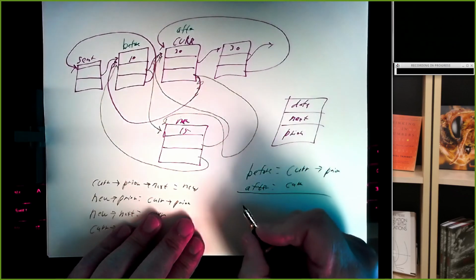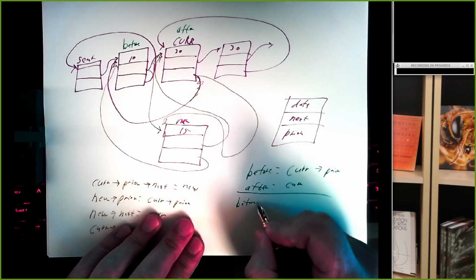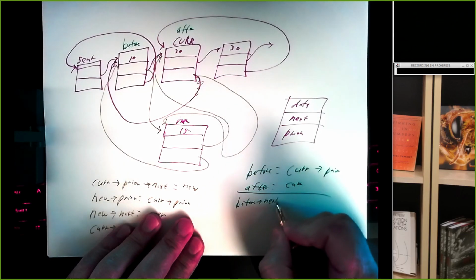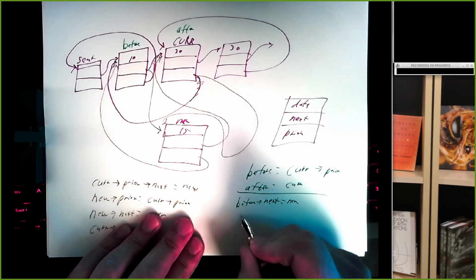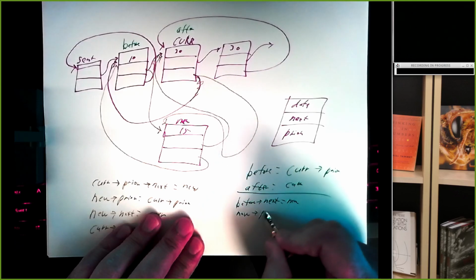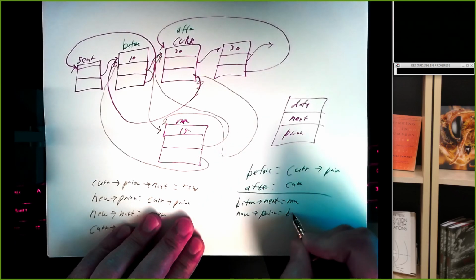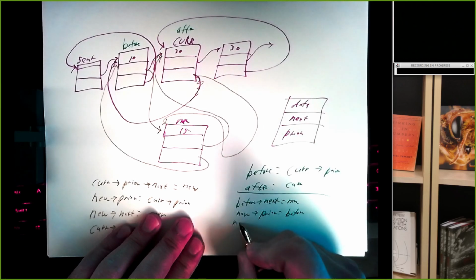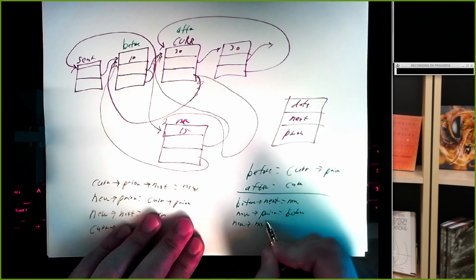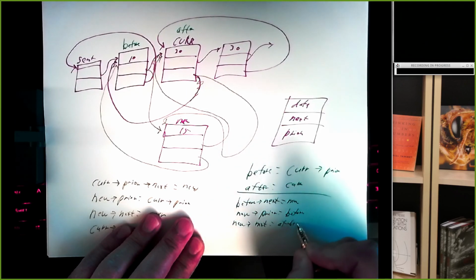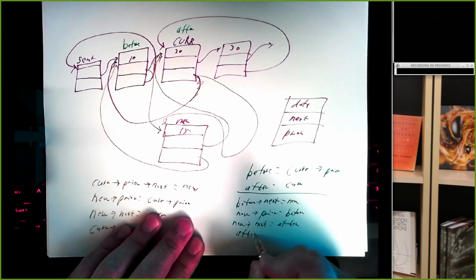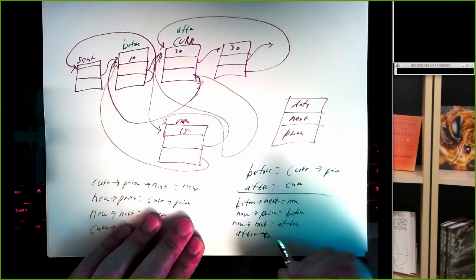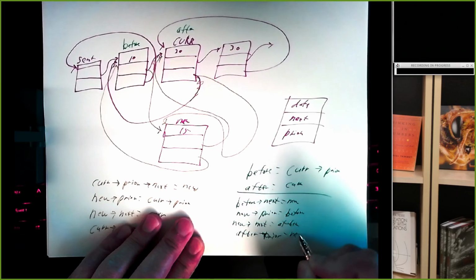So now my statements will look like before next equals new, new prior equals before, new next equals after, and after prior equals new.